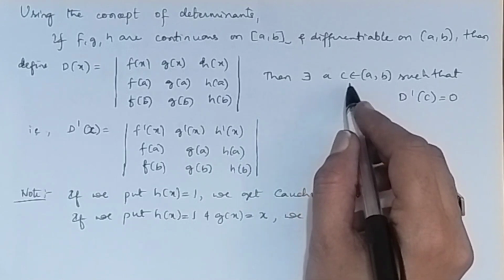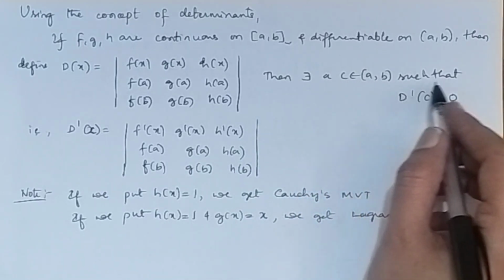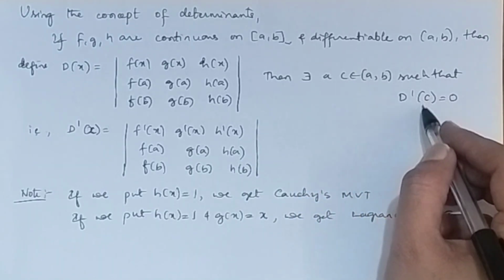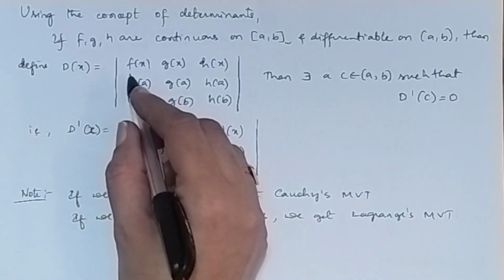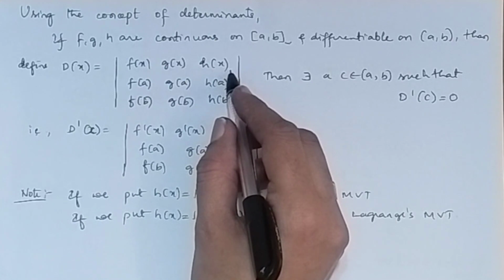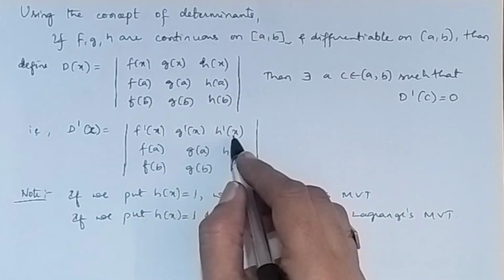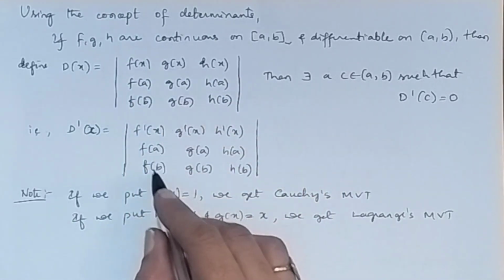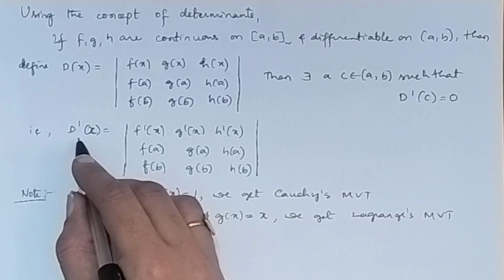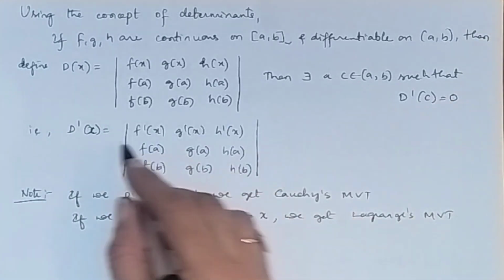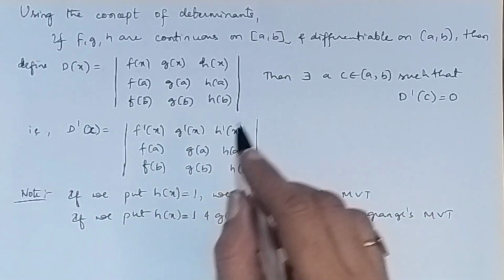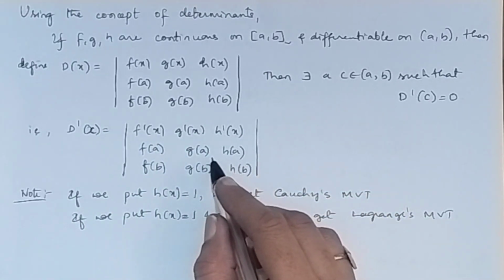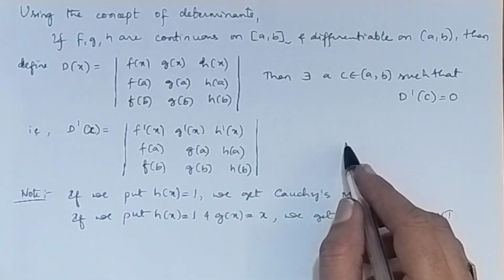Then you can always find a point c belongs to open interval a, b such that D dash of c equal to 0. So D dash of x means differentiating the first row with respect to x, f dash of x, g dash of x, h dash of x, remaining two rows as it is. This is D dash of x. D dash of c means replace x by c. Then equate that to 0 and you can take the help of determinants to evaluate the value c.